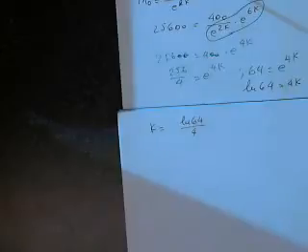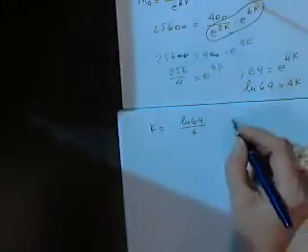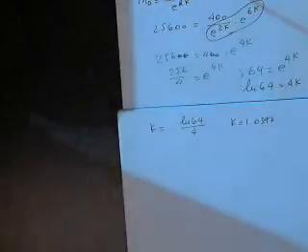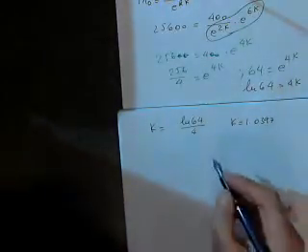So if you have the number natural log of 64, everything divided by 4, I got 1.0397. And in percent, how much will this be?